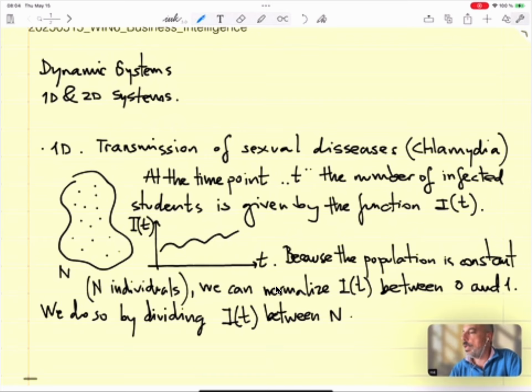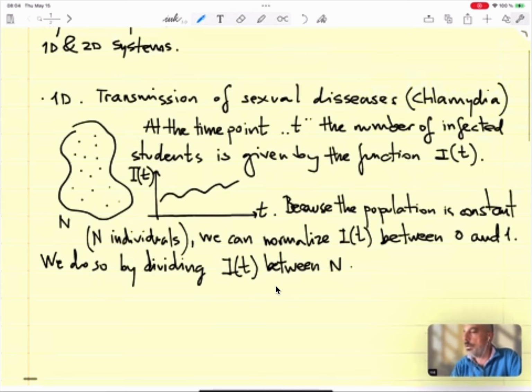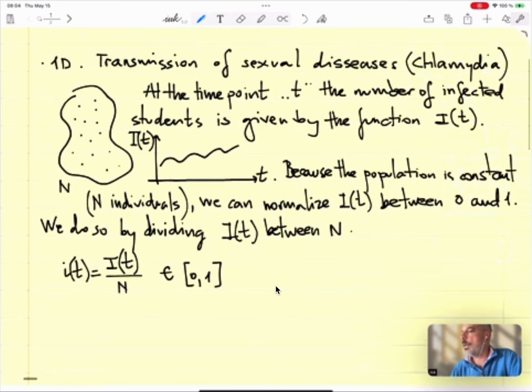Okay, so if we say I of t small equals I of t big divided by n, this belongs to the interval 0 and 1, because the maximum value of I of t big is n, that we can have only n students infected.